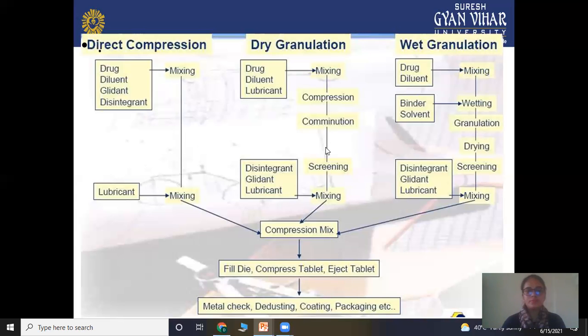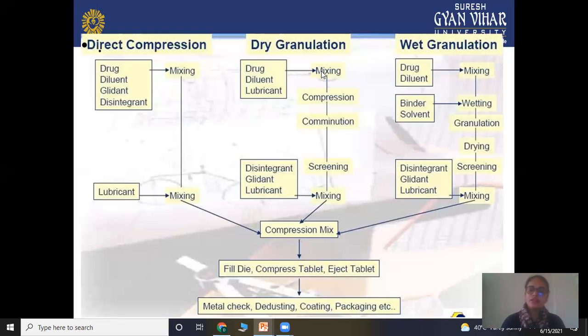In the second method, dry granulation, you first take drug, diluent, and lubricant, mix them all together, and form a uniform mixture. After mixing, a compact or hard mass is prepared by a heating process or another process.